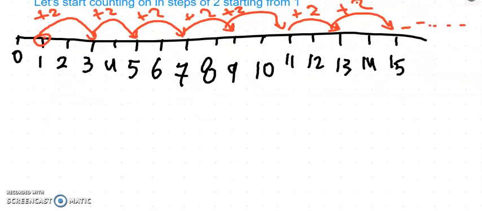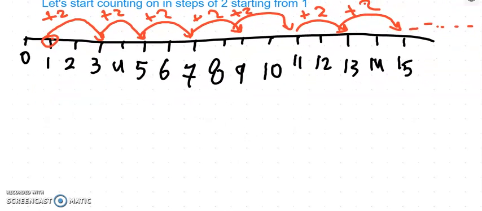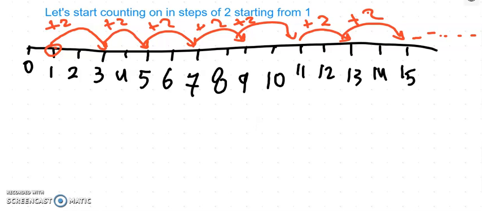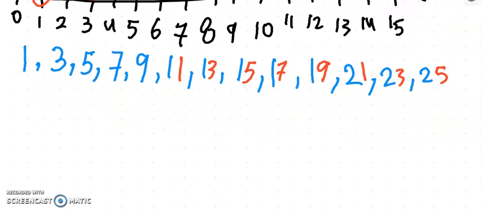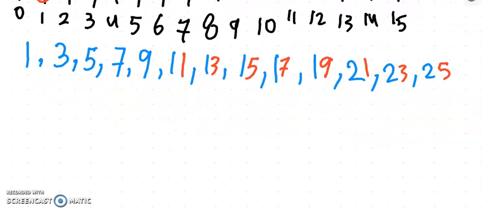Now let's write down the numbers we got from counting on in steps of 2 starting from 1. And here they are: 1, 3, 5, 7, 9, 11, 13, 15, 17, 19, 21, 23, 25. Now let's take a look at the numbers in the ones place.